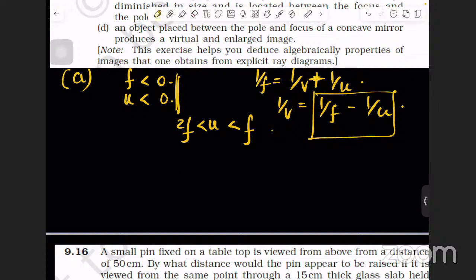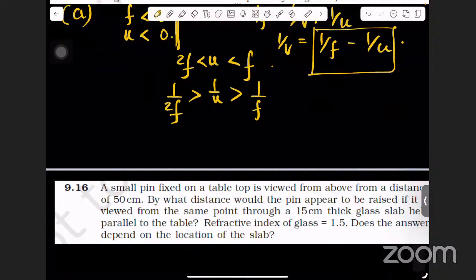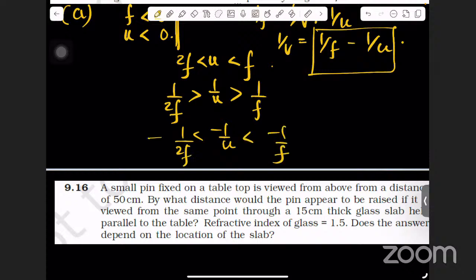Now if we reverse them, 1 upon u, this sign would change, and introduce again a negative sign, again change. Now add 1 upon f to all. It will be 1 upon 2f less than 1 upon f minus 1 upon u less than 0.